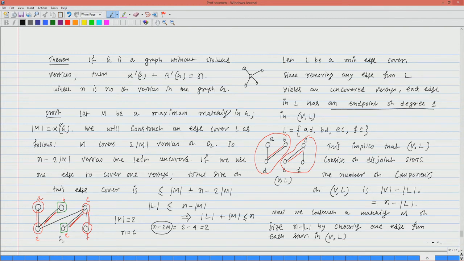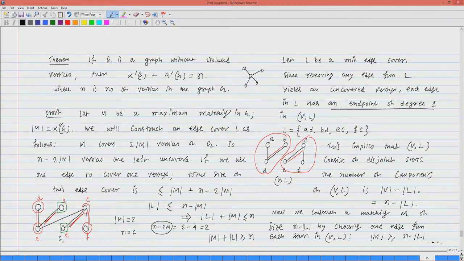Okay. So, what you got is a matching of size n minus L, but the maximum matching could be greater than or equal to n minus L, and this gives that the cardinality of M plus the cardinality of L is greater than or equal to n.